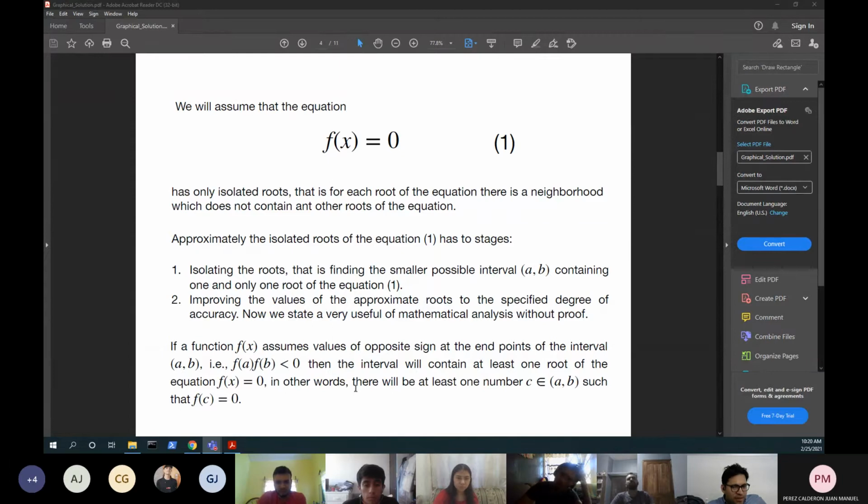In other words, there will be at least one root c that belongs to the interval [a, b].